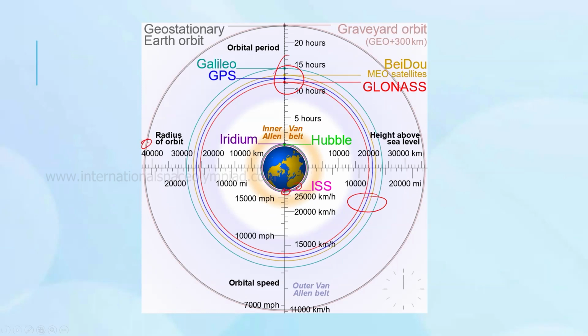So geostationary is this inner line, and there is an outer line called the graveyard orbit. Okay, just 300 kilometers above the geostationary, there is something called the graveyard orbit. It is something like the cemetery for satellites, because you know that the geostationary orbit is actually only a single circle. So once the satellite completes its lifetime, being in the same orbit is not good, because it will become space debris, and it will be staying in the same valuable geostationary orbit.